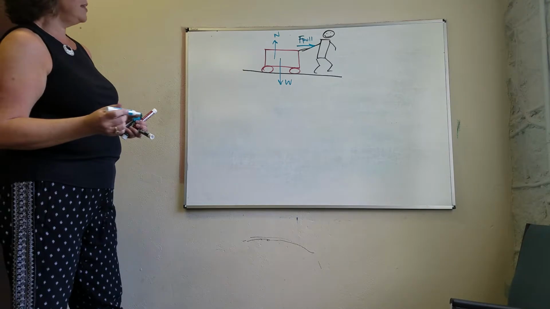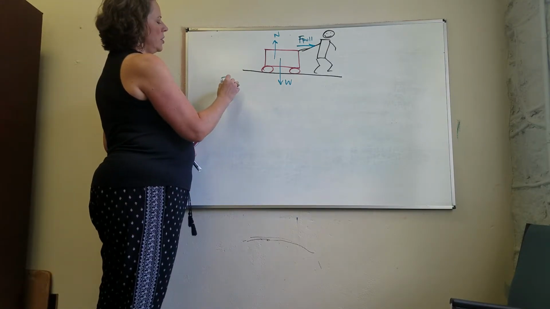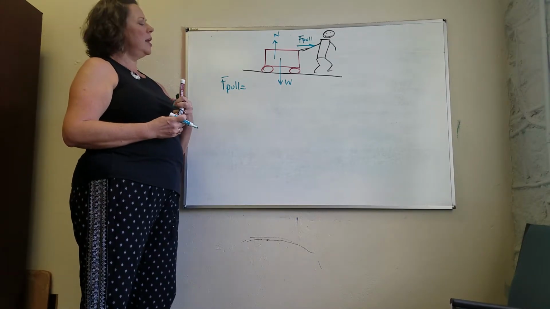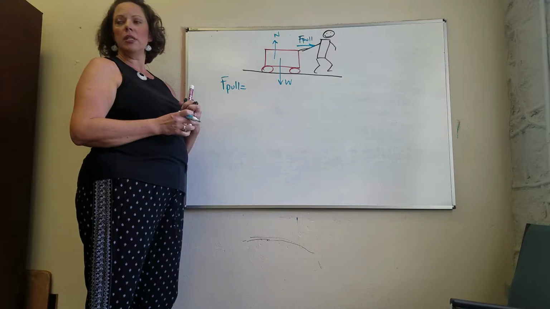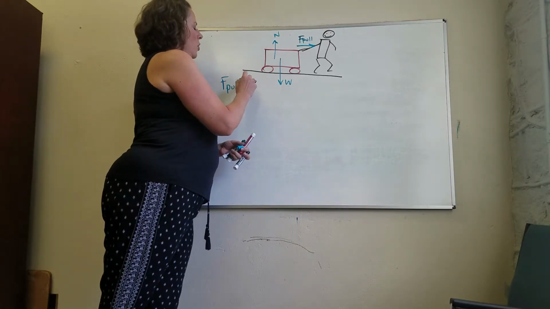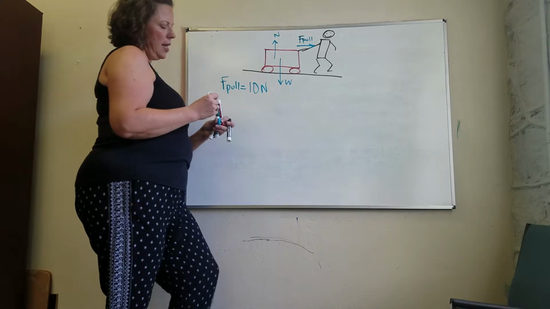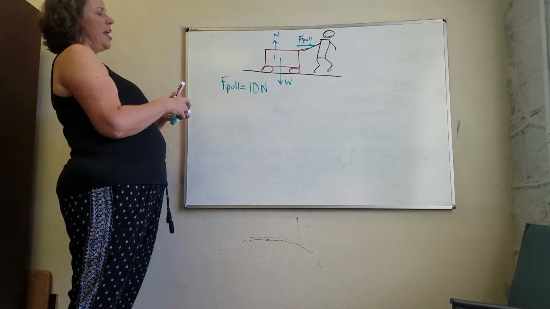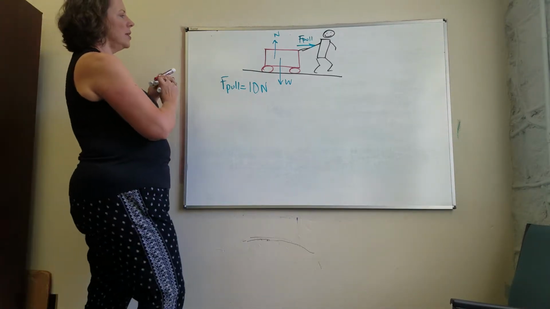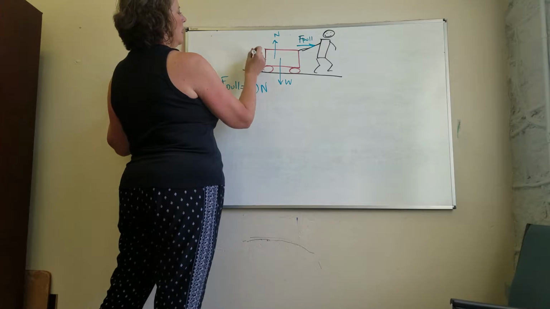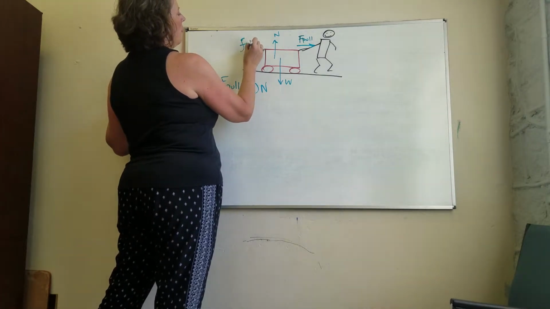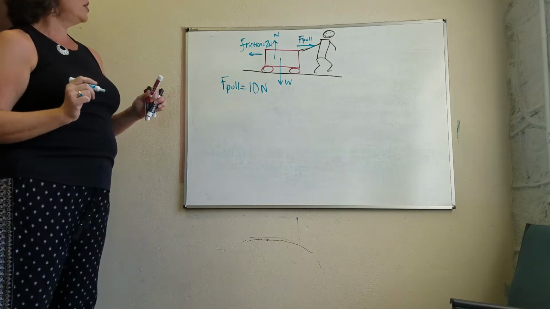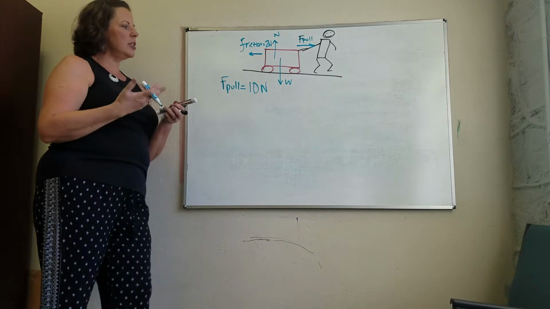Let's say he's a smallish person, so he pulls with a force of 10 newtons, and the friction between the wheels and the pavement is only 2 newtons. So his pulling force is 10 newtons and his friction is 2 newtons.